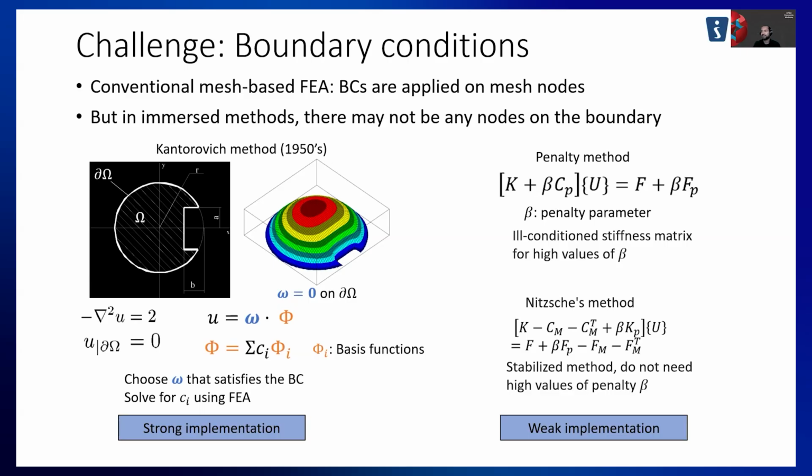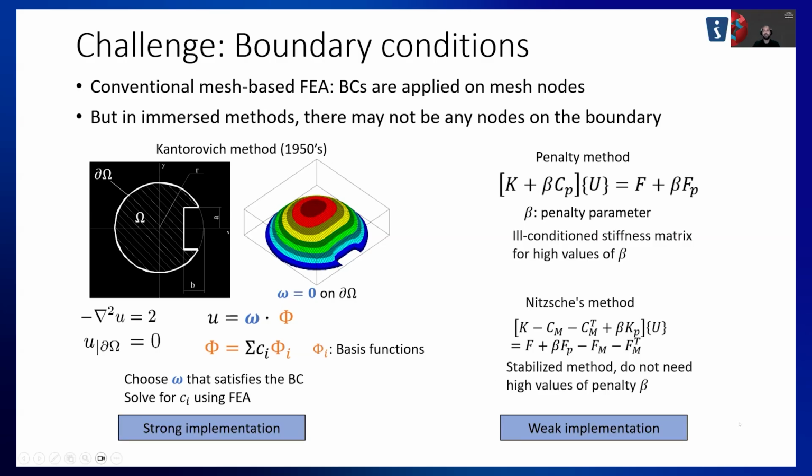There are different methods for weak implementation. If you have a standard penalty method, you would have highly ill-conditioned stiffness matrices, and that creates problems. Nitsche's method is an alternative method. It's a stabilized method, which means you don't really need high values of this penalty parameter.